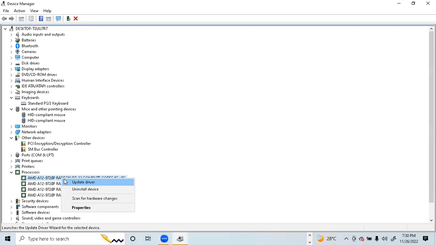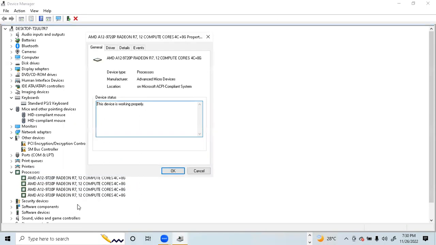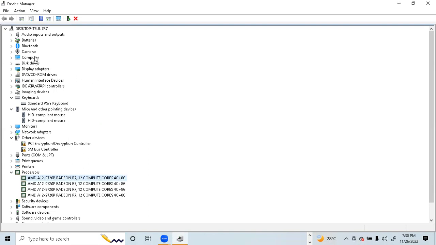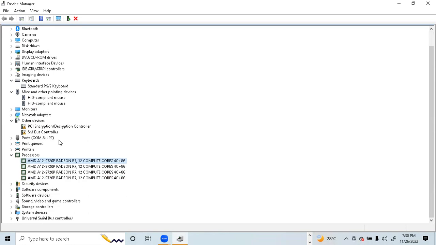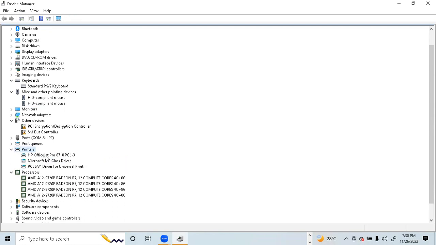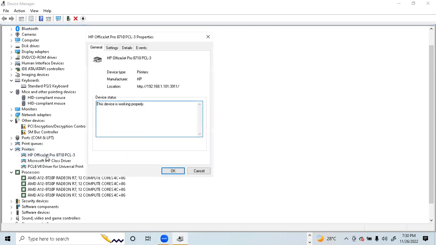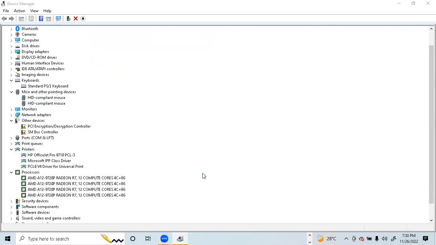I don't see any resources for that. Let me see the monitor, print queue. Let me see the printer. I don't have any printer installed on this.